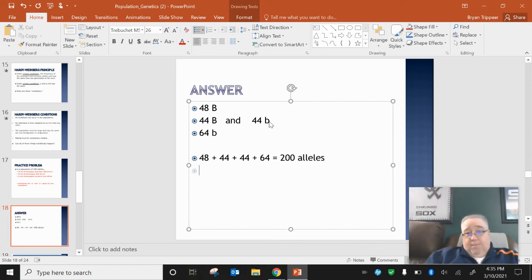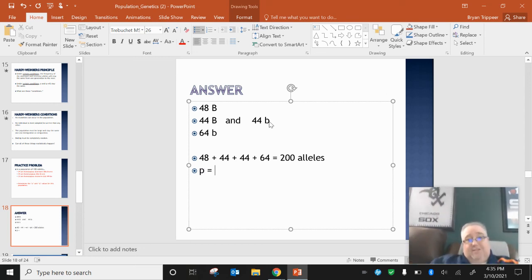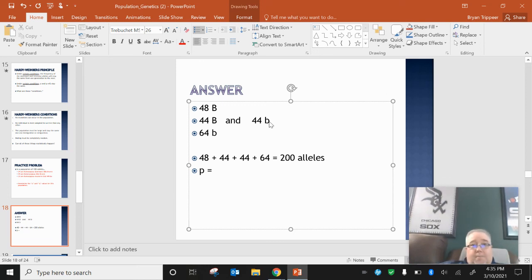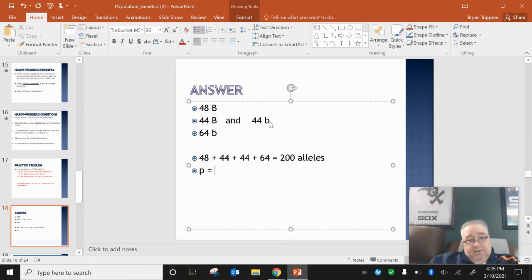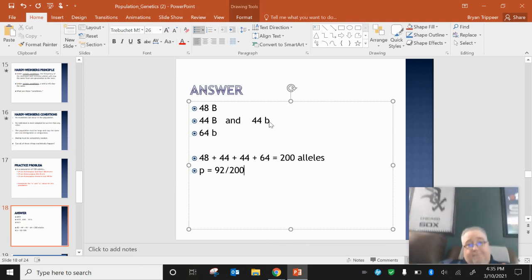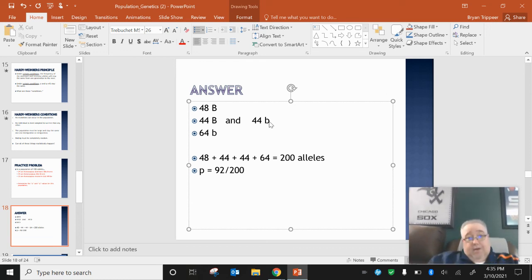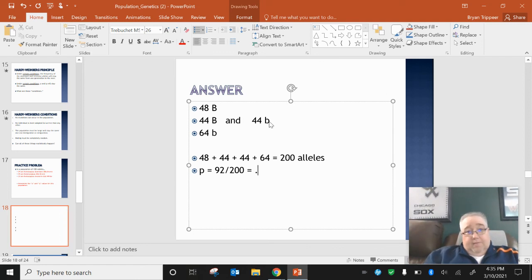Now to figure out what your P and Q are, right? To figure out P, which should be a lowercase p, all you have to do is take the total number of dominant alleles. So in this case, 48 plus 44. So that's 92 alleles divided by the 200. So 92 divided by 200. That gives you a frequency of 0.46.